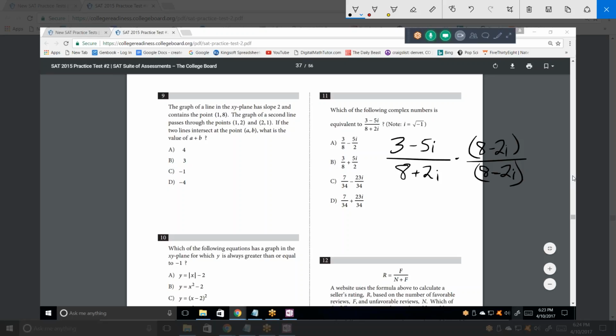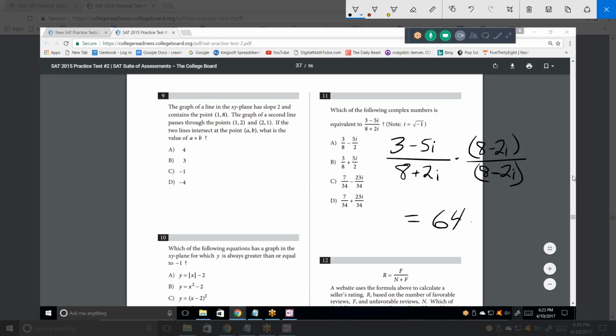What does that give us in the bottom? That gives us 64 plus, the two middle terms disappear when you FOIL these two things.